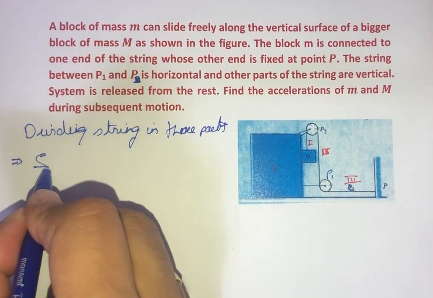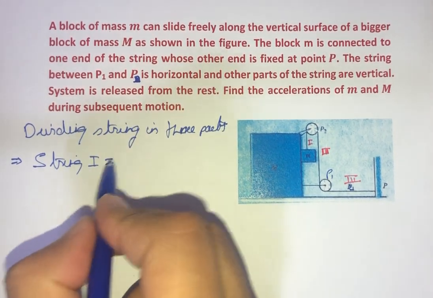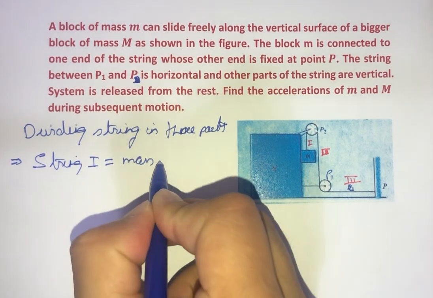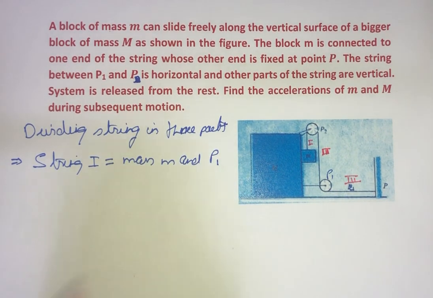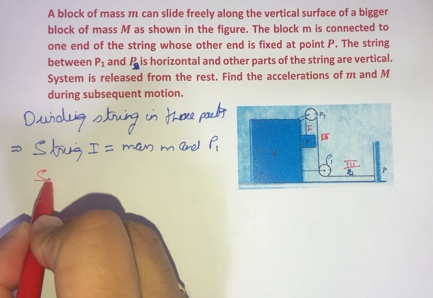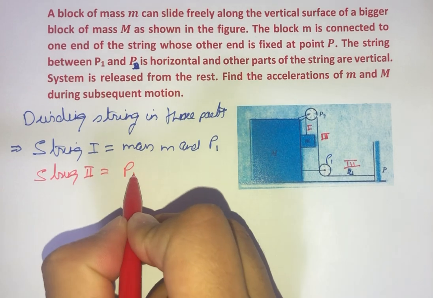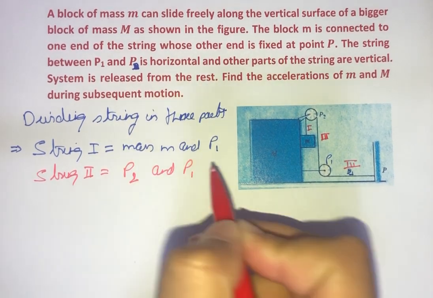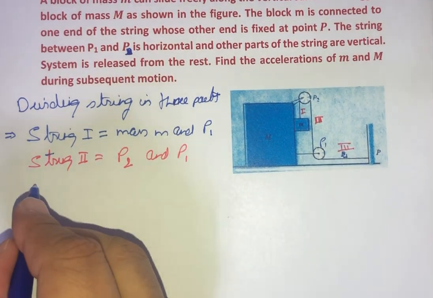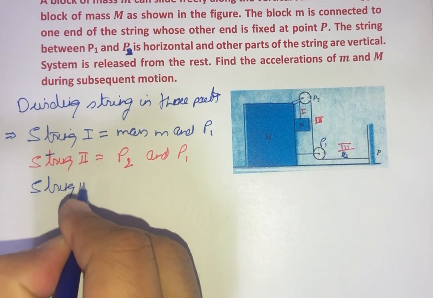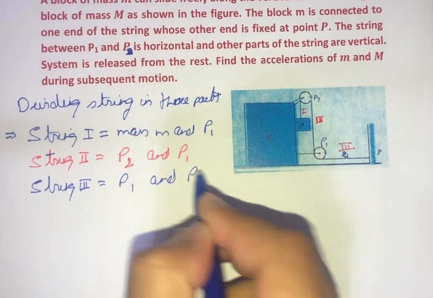String 1 is between mass M and P1. String 2 is between P2 and P1, and we have string 3 that is between P1 and point P.